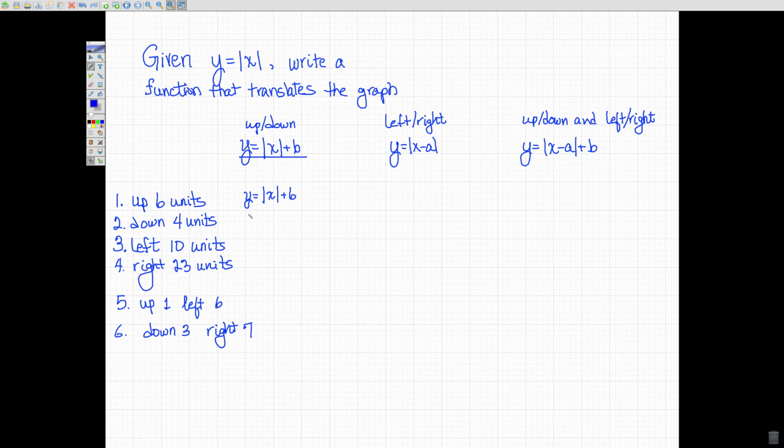To go down 4 units, we would take the original function, y equals the absolute value of x, and write the following, y equals the absolute value of x minus 4. So that's a translation down 4 units.